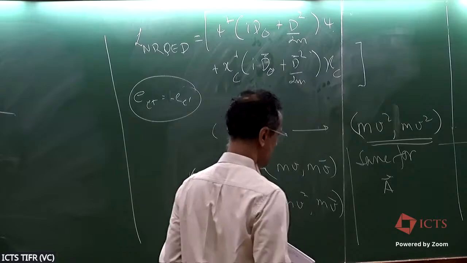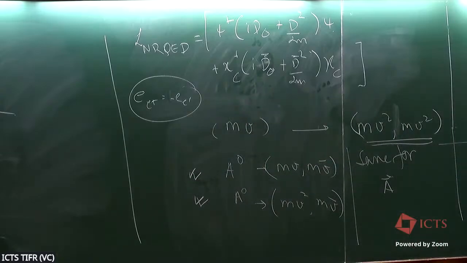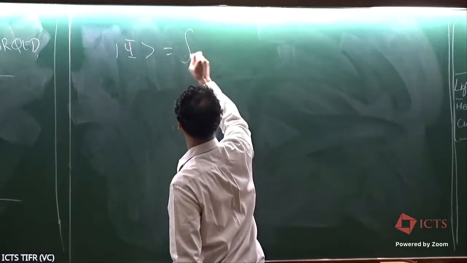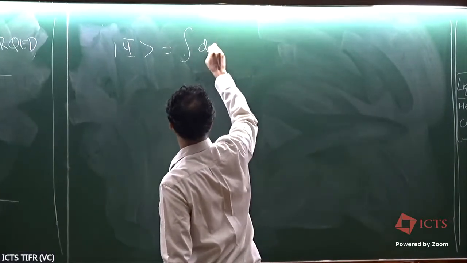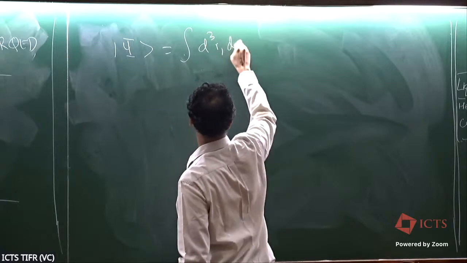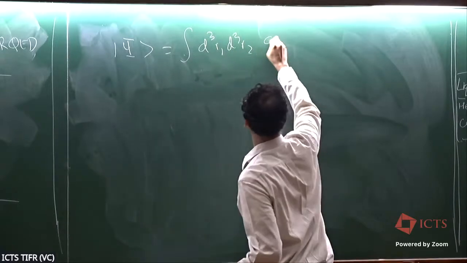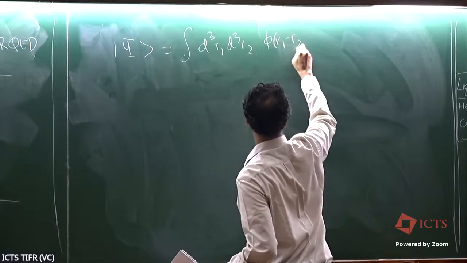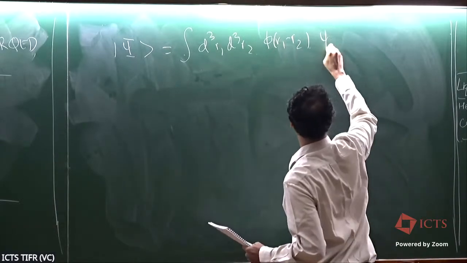A nice way of putting in this restriction is projecting this Lagrangian onto a Hilbert space of the states that I know will be relevant. That is to say, a state that we talked about before, something like d cubed R1, d cubed R2, psi of R1 minus R2.